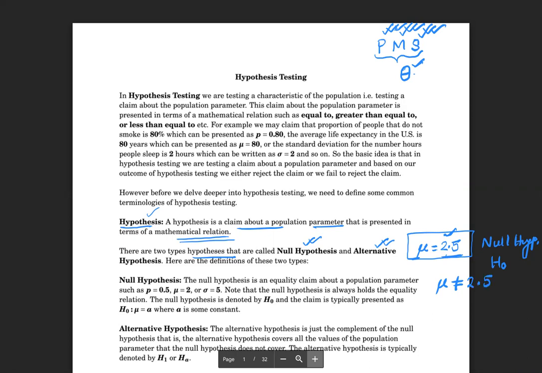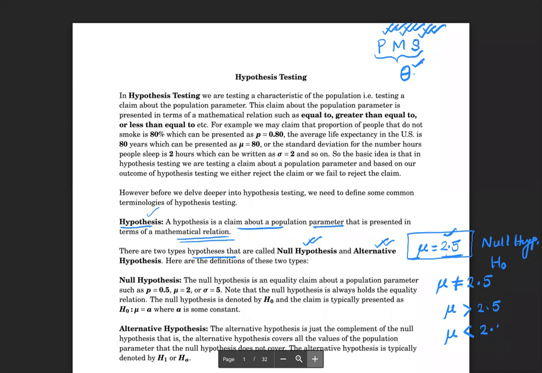That's one option. Or you could also test for mu is greater than 2.5. That means the average number of years that the students take could be greater than 2.5. Or the other option is mu is less than 2.5.